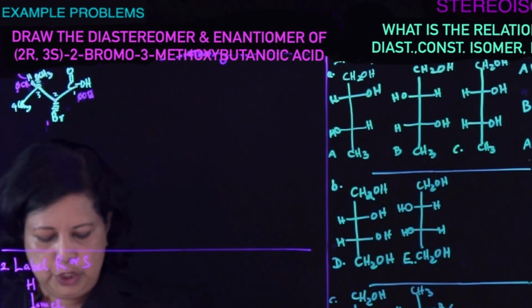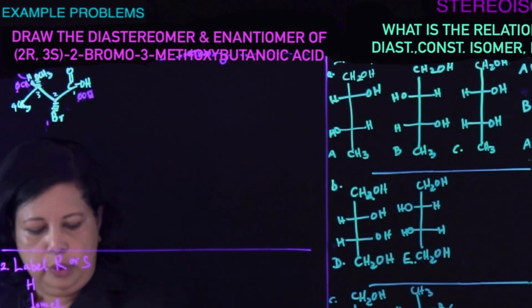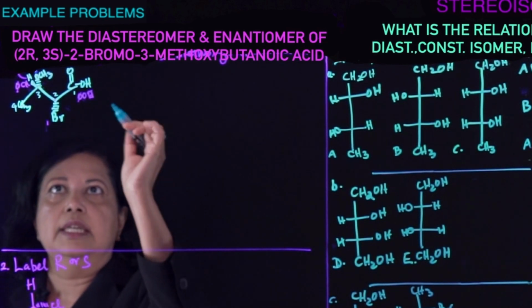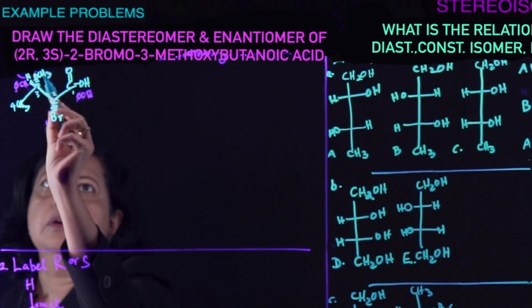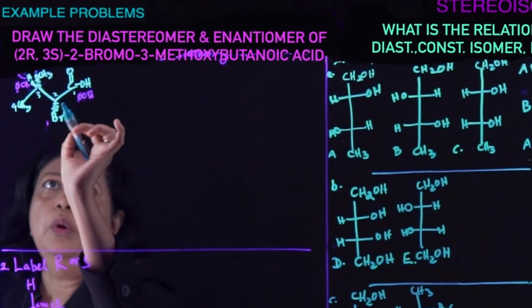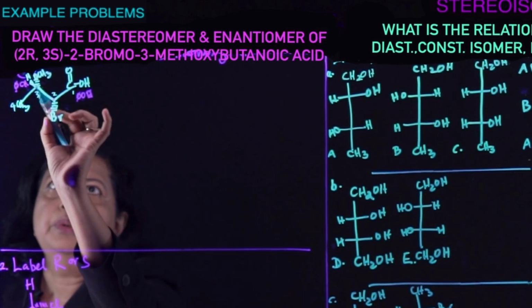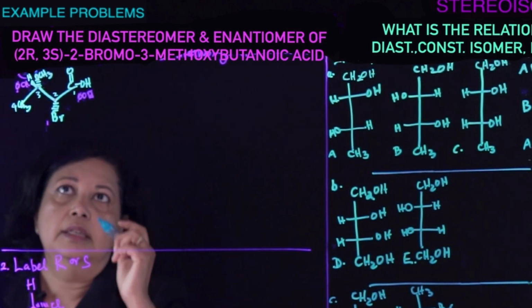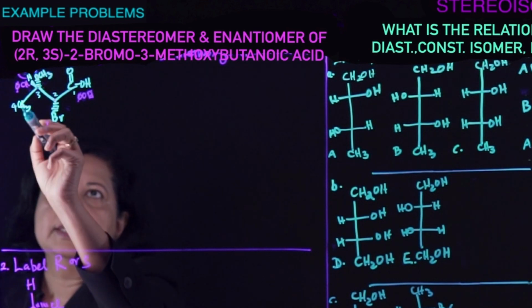Hydrogen on a wedge. Number 1 is your methoxy oxygen, because oxygens are heavier than carbon. There are 4 things: oxygen, carbon, carbon, hydrogen. Hydrogen obviously is going to be 4. On these 2, the carbon connected to a bromine is going to be a lot higher priority than just a CH3.